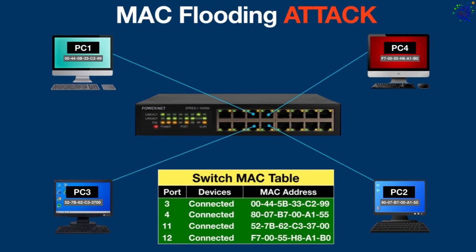This allows the switch to send data only to the intended destination. For example, if PC1 wants to talk to PC2, PC1 sends data to the switch and the switch looks at its MAC table and the matching port and sends the data only to PC2. It's private, efficient, and secure.